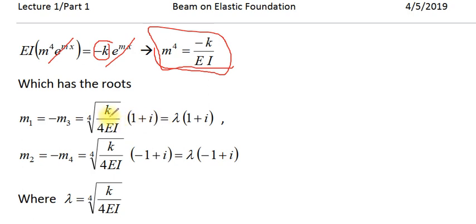If we replace the fourth root of k over 4EI by lambda, now m1 equal to lambda multiplied by 1 plus i, and for the second m2 equal to lambda multiplied by minus 1 plus i.